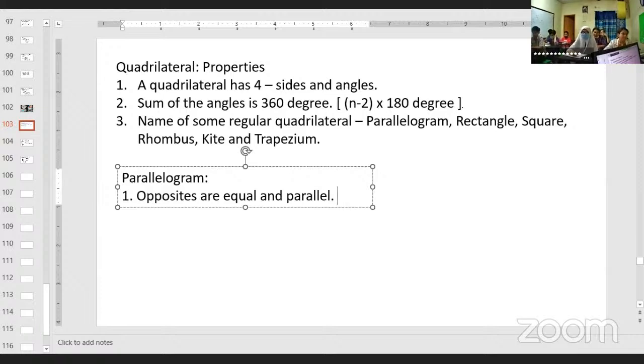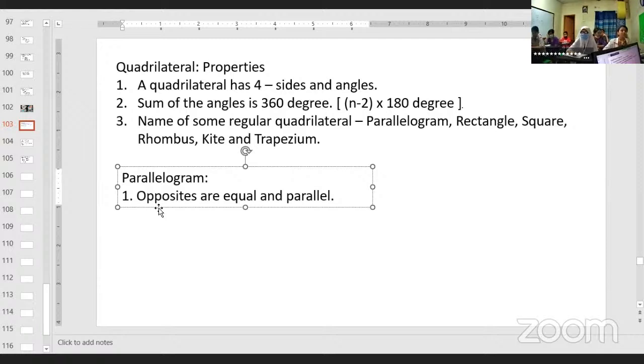If you have the information that just one pair of opposite sides is equal and parallel, then that will be a parallelogram. And if both pairs of sides are parallel, then also it is a parallelogram.